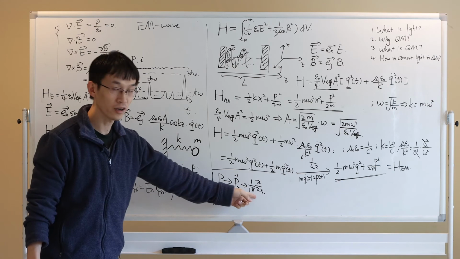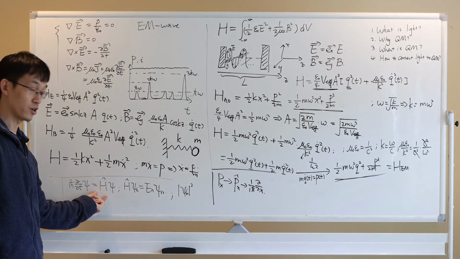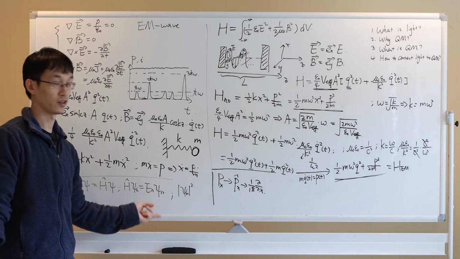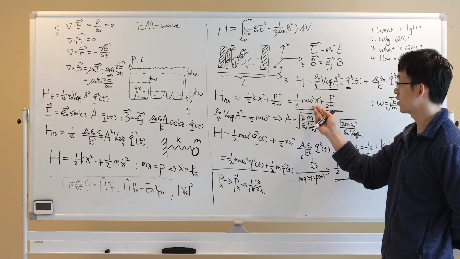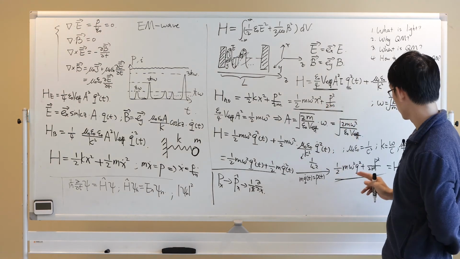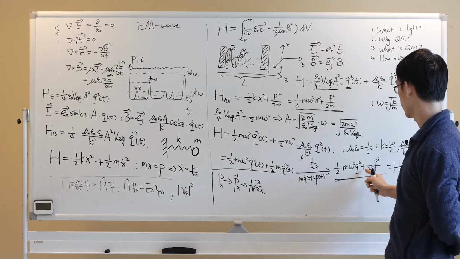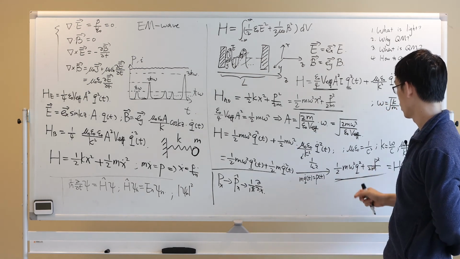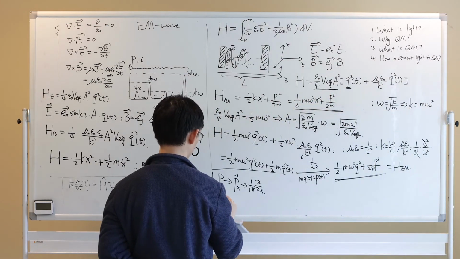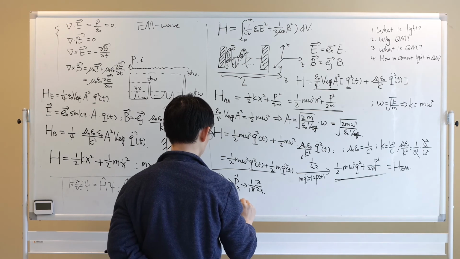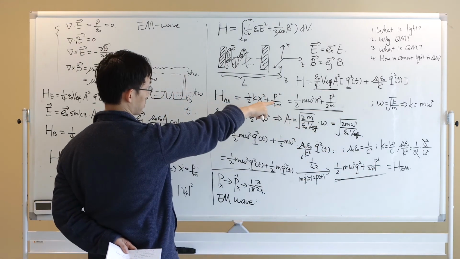And then your Schrödinger equation suddenly becomes a differential equation, and then you can solve for the energy. So if we accept the fact that the harmonic oscillator and the EM wave have the same mathematical form in terms of their Hamiltonian, then for the EM wave, the P is the same as here.